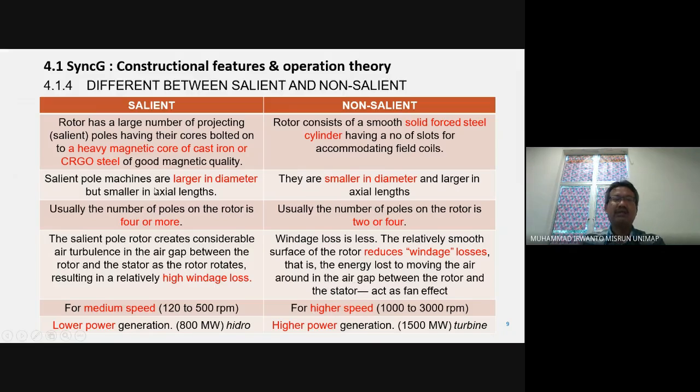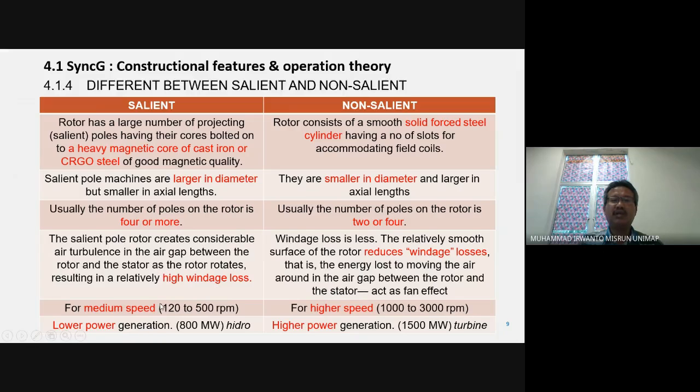And then in terms of speed, the salient is for medium speed, around 120 to 500 RPM. The non-salient has a higher speed, around 1000 to 3000 RPM.